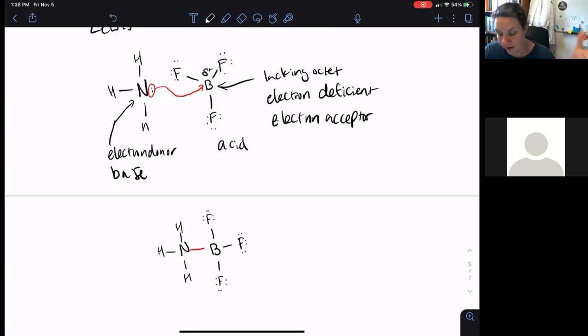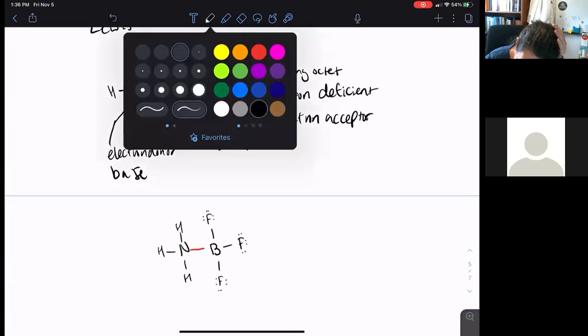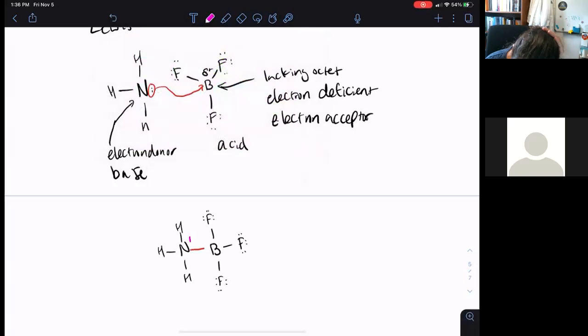As a note, the electron donor will become more positive after this reaction. The electron acceptor will become more negative after this. And we actually see that if we do our formal charges, you would have a +1 formal charge on your nitrogen and a -1 formal charge on your boron.